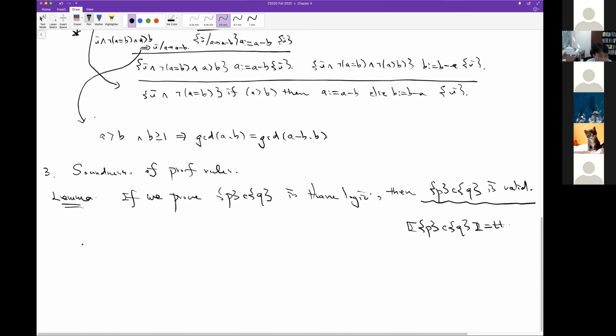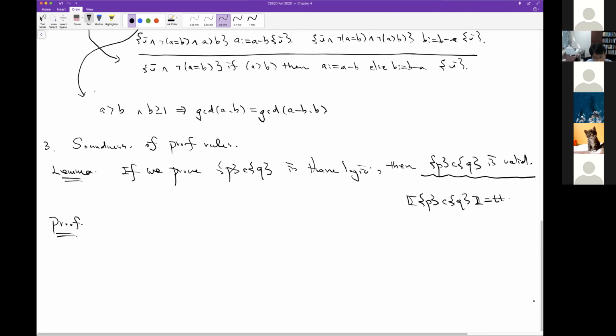Soundness assures us that kind of thing will never happen. It's the first step: if somebody comes up with new proof rules for verifying programs or automated verification techniques, they have to prove something like this lemma. And then the question becomes how to prove this.